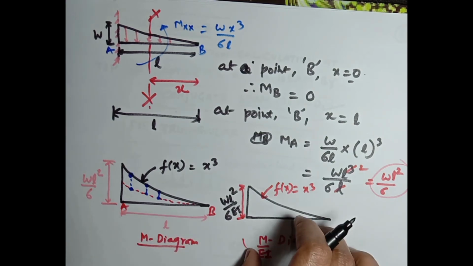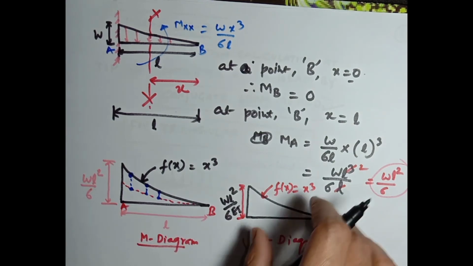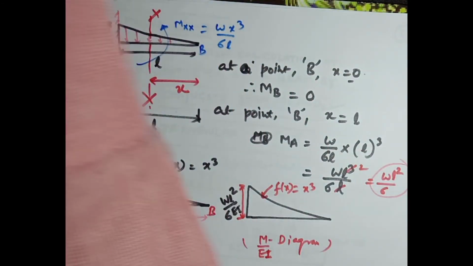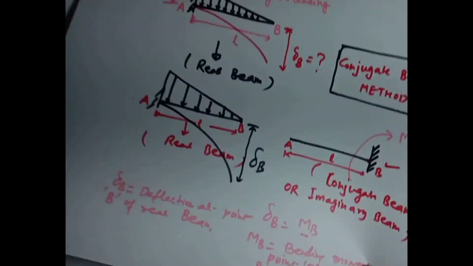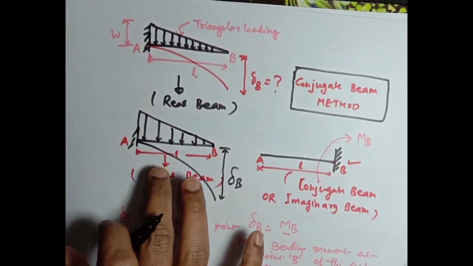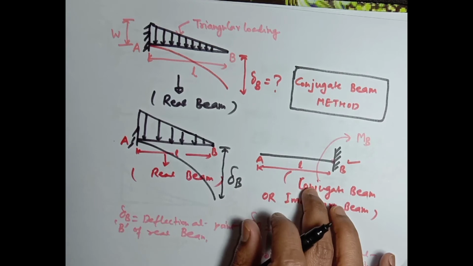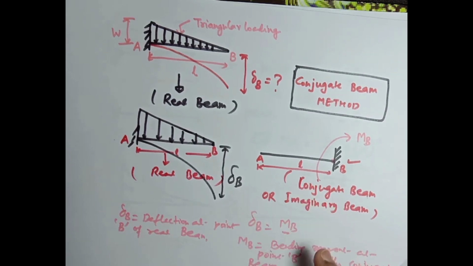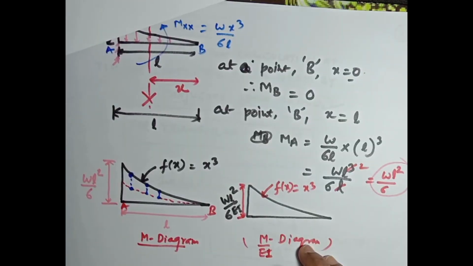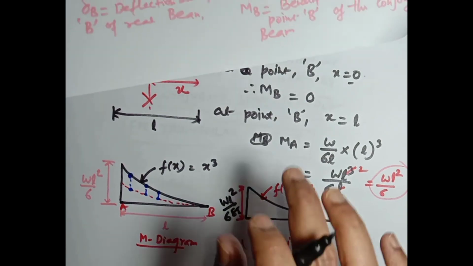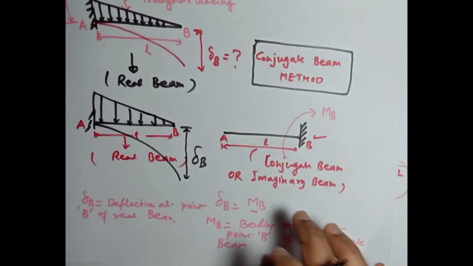So this M over EI diagram will be directly put on the conjugate beam. This is the conjugate beam. As I have explained, this was the real beam and this is the conjugate beam, and we are going to put this M over EI diagram on the conjugate beam, or you can say the imaginary beam.